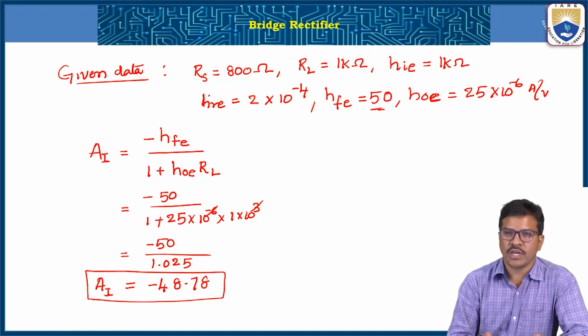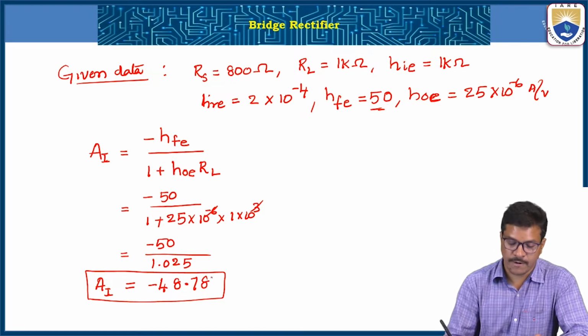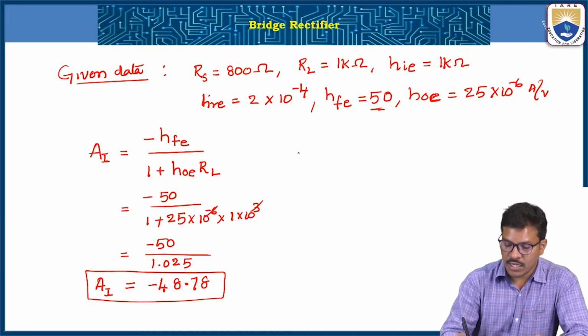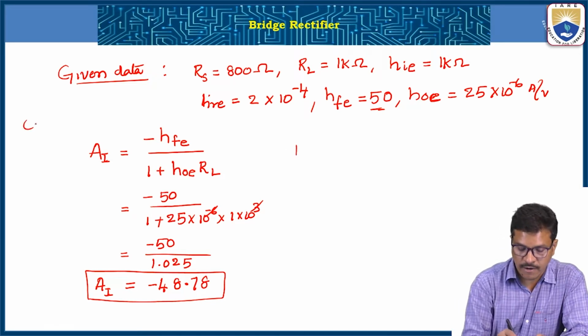By considering hoe into RL, that 50 is modified, and in the exact analysis AI is equal to minus 48.78. Similarly, the next parameter is input impedance.